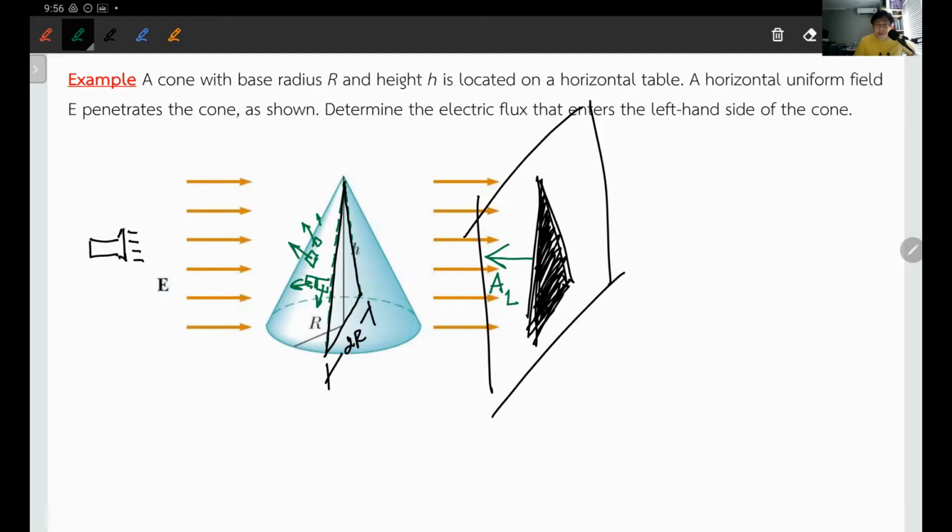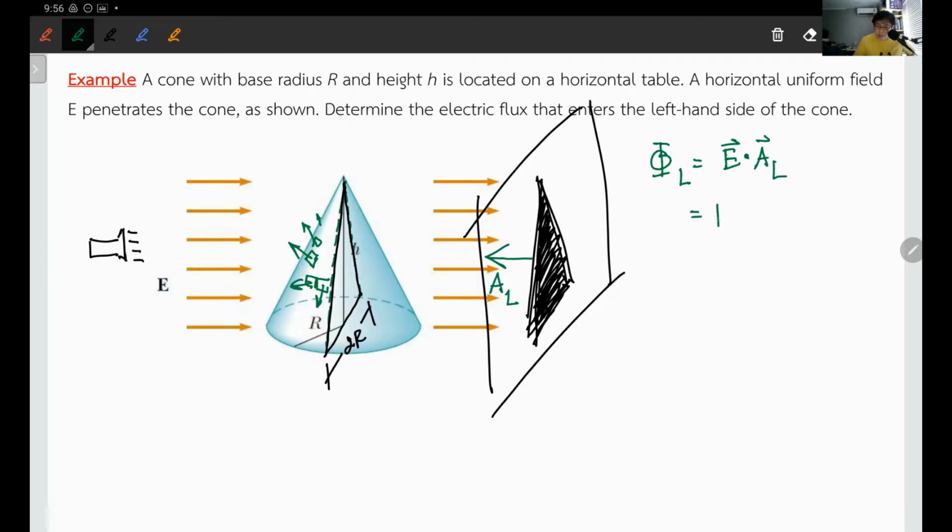Okay. All right, very good. So that means you only take the left side of the cone. You do the projection. You only care about what is pointing to your left. So I can say the flux going through the left side of the cone is going to be E dot A on the left. But what I want is only the perpendicular direction to it.